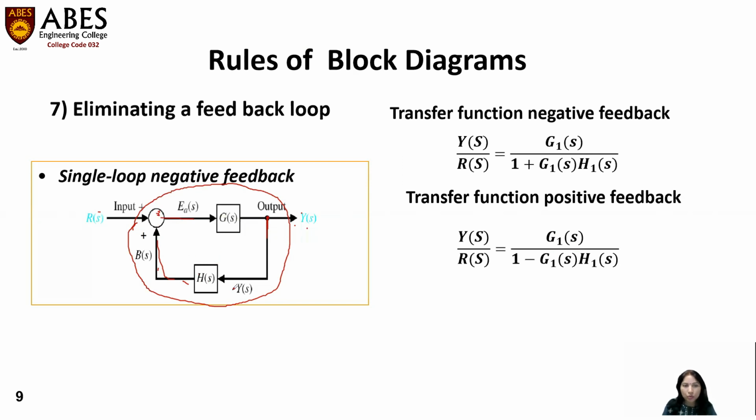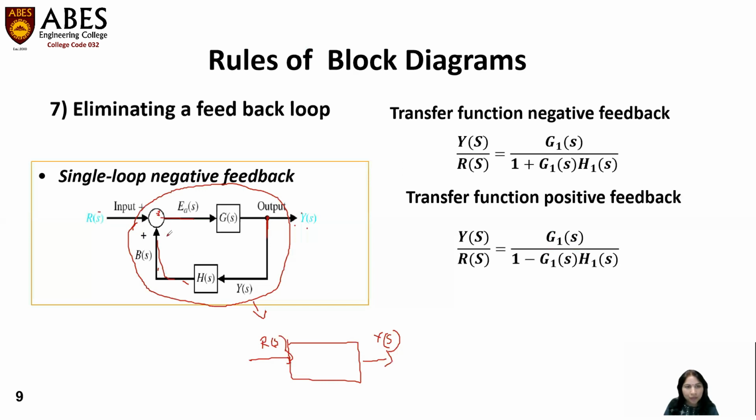So we want to reduce this loop now, right? I want to reduce this loop into a single block having input R(s) and output Y(s). So what will be the reduction? In my previous lecture, I have told you the transfer function of the negative feedback system and the positive feedback system, right?